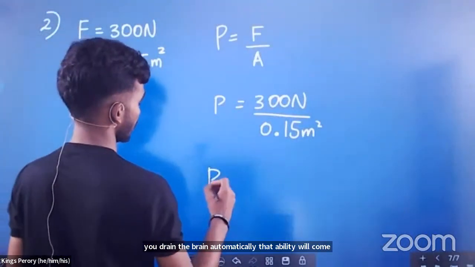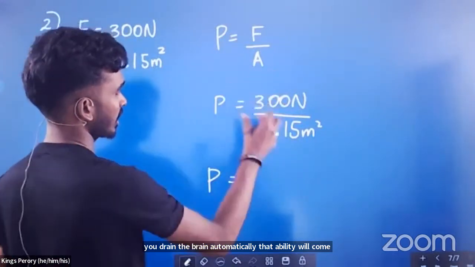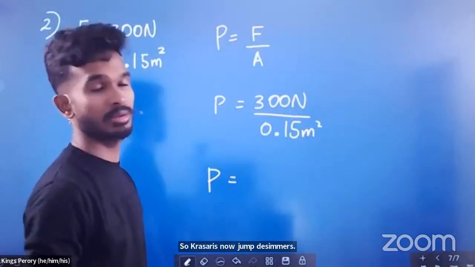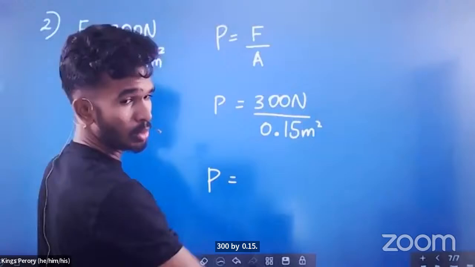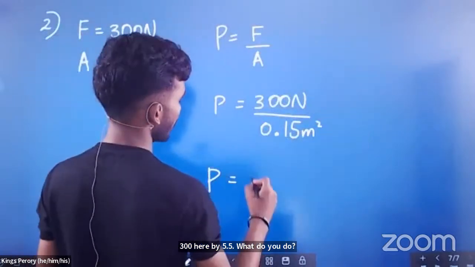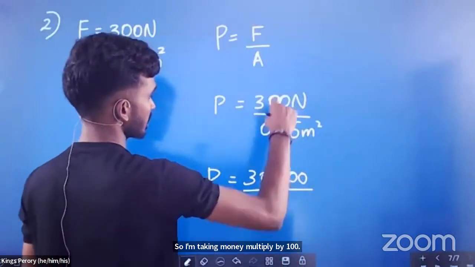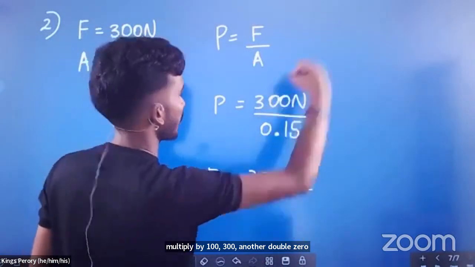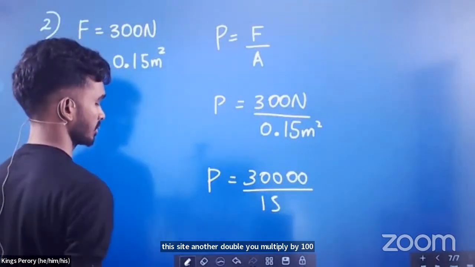So pressure is, now jump decimals. Some fellows can't divide 300 by 0.15. What you do? Jump the decimal, you multiply by 100. 300 gets another double zero, and on this side you multiply by 100 too. You jump the decimal, 15. Can't you divide this?